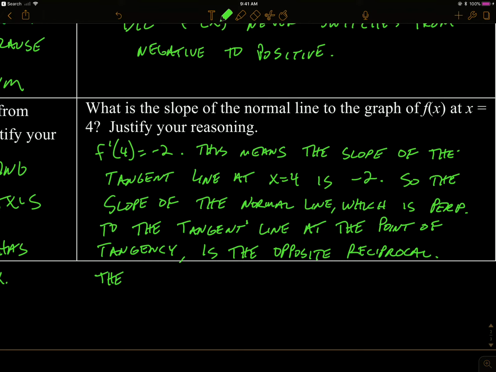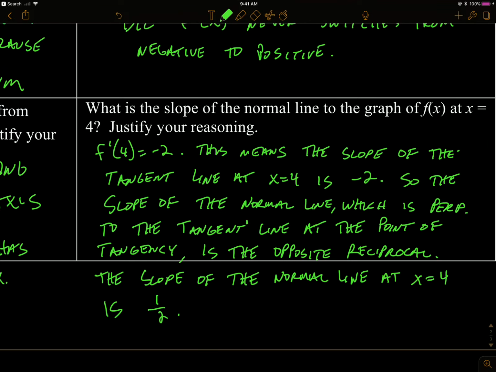So the slope of the normal line at x equals 4 is 1/2.